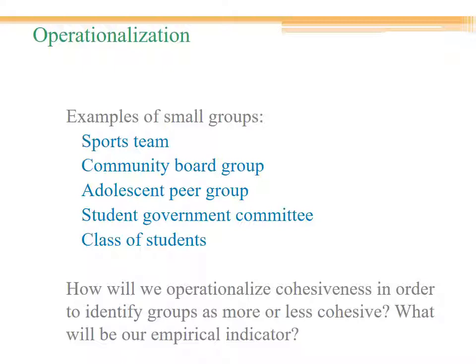So how will we operationalize, measure, cohesiveness in order to identify groups as more or less cohesive? Remember that we have defined cohesiveness as the degree to which members of a group desire to remain in the group. I'll provide an example and then let's see if you can come up with another way to operationalize cohesiveness.